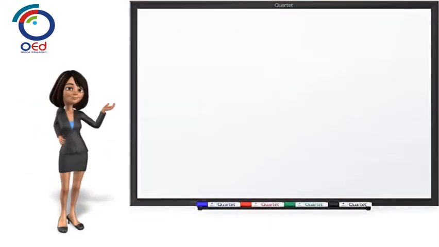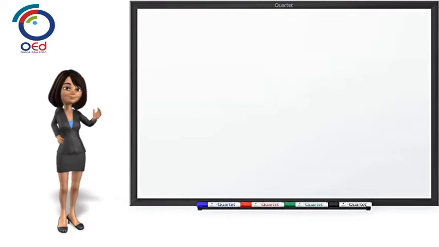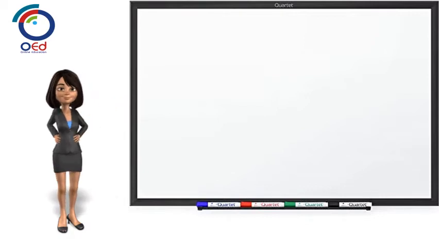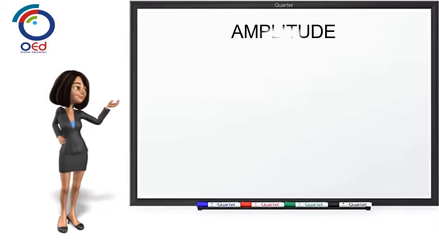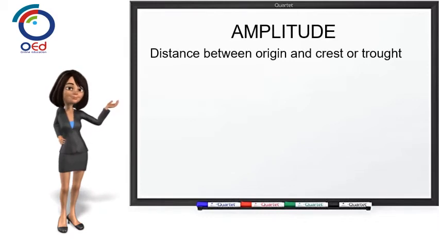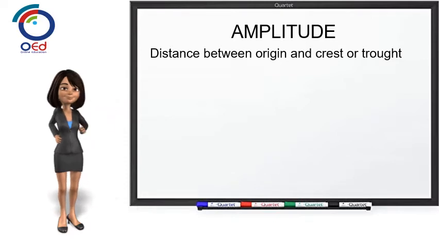Before we proceed to the three basic techniques of digital modulation, we're going to review what phase, frequency, and amplitude are. So what is amplitude? Amplitude is the distance between the origin and the crest or the trough.